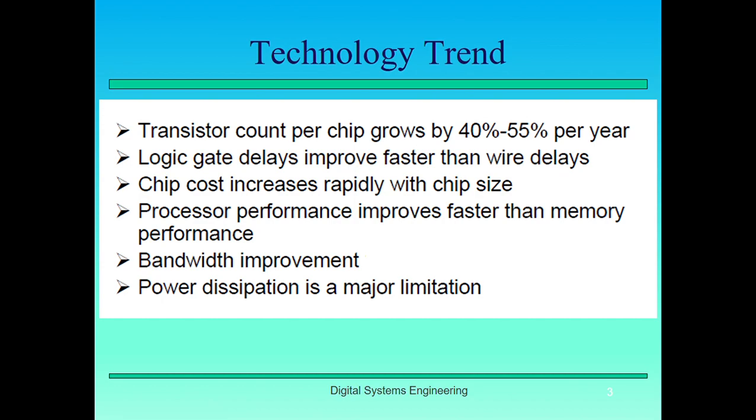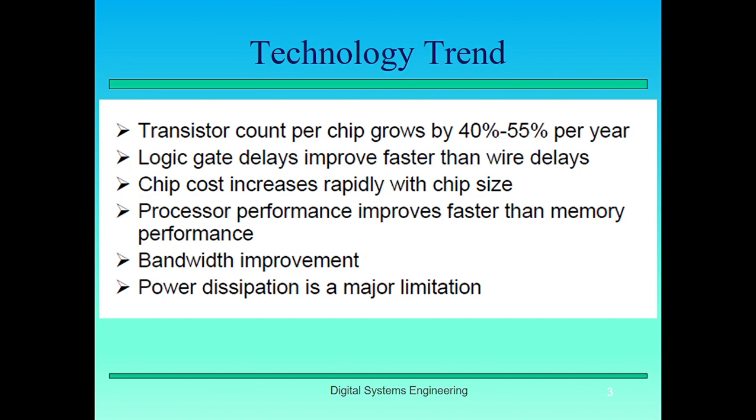Chip cost increases rapidly with chip size. So that's why we are interested in having smaller transistors. Processor performance improves faster than memory performance. So there is bandwidth improvement with scaling.